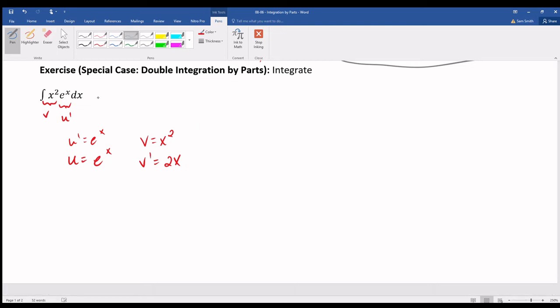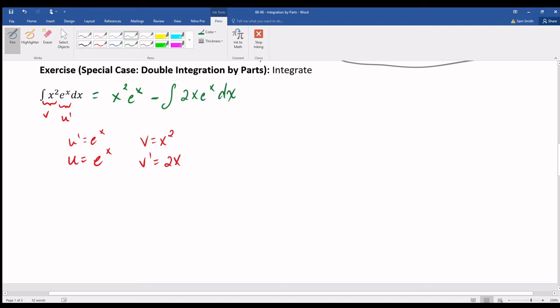So if I use the integration by parts formula, then I can take u times v, x squared e to the x, and then I can subtract what I would get if I moved the derivative off of e to the x and onto x squared, 2x e to the x.